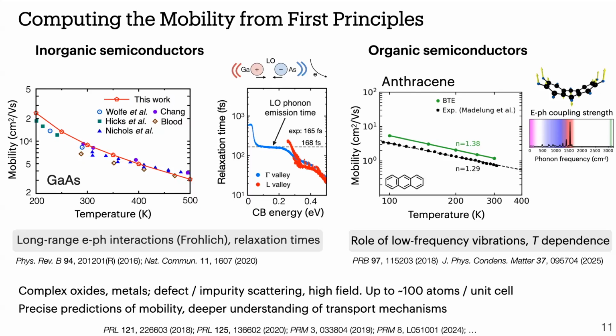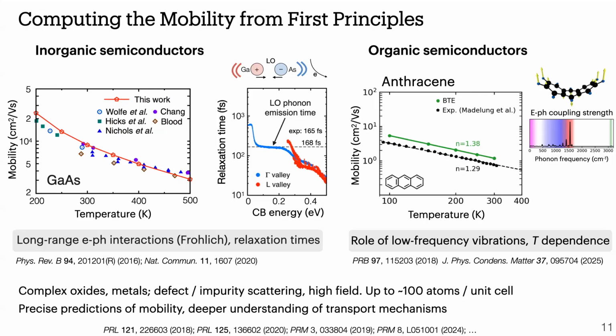And you can also understand the temperature dependence and which specific modes are involved. But over the years, we've done these calculations on anything from complex oxides to simple and complex or topological metals.